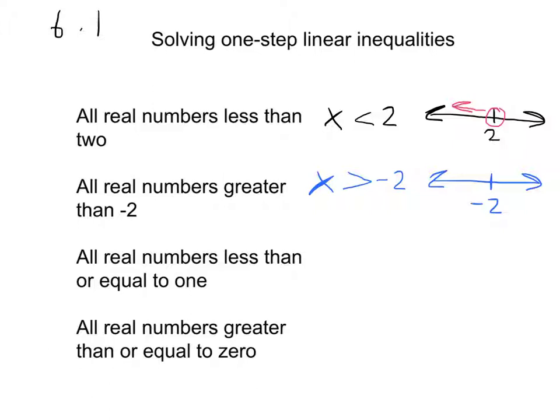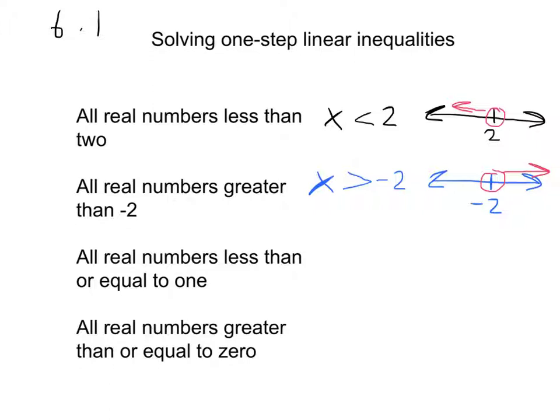And I would have an open circle again, because I'm not allowed to touch negative 2, but I can get as close to it as I need to. And notice here that x is larger than negative 2. That's what that open mouth on the inequality is, larger. And so my graph, my arrow, needs to be larger than negative 2.